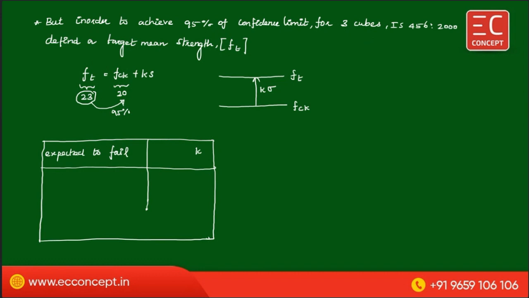As per IS 456, we have to allow only 5% of failure. For 5% of failure, what is K?